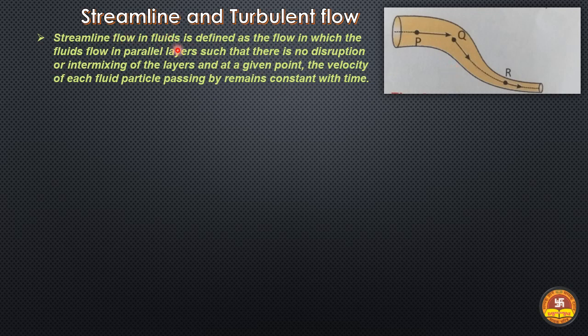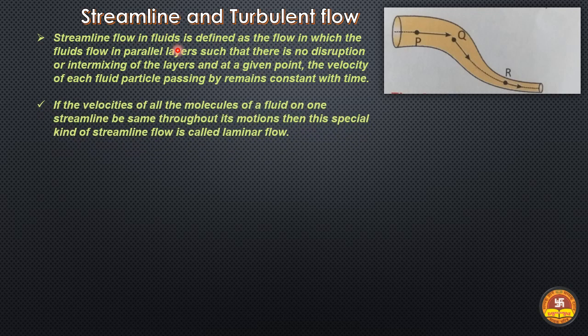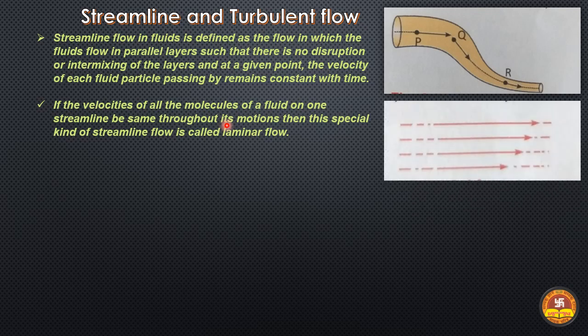There is a special kind of streamlined flow: if the velocities of all the molecules of a fluid on one streamline are the same throughout its motion, then this special kind of streamlined flow is called laminar flow. So you can see here, all the molecules of a fluid have the same velocities throughout the motion, and that is known as laminar flow.